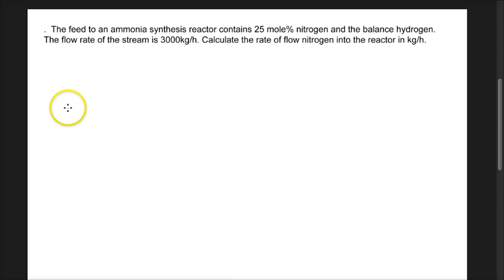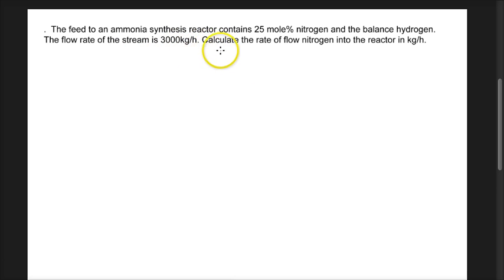This is question number 6, and the question stated the feed to an ammonia synthesis reactor contains 25 mole percent of nitrogen, and the balance is hydrogen, and the flow rate of the stream is 3,000 kilogram per hour.